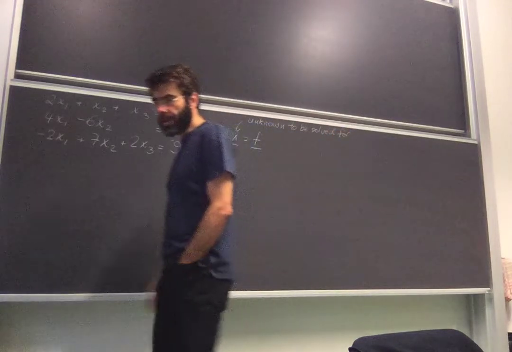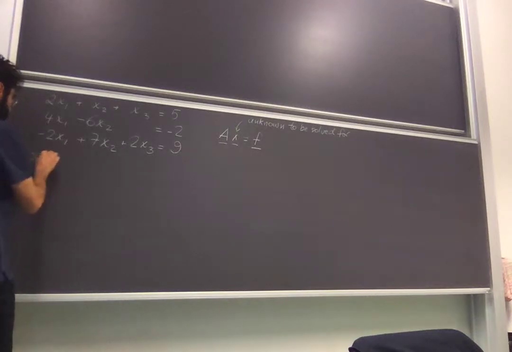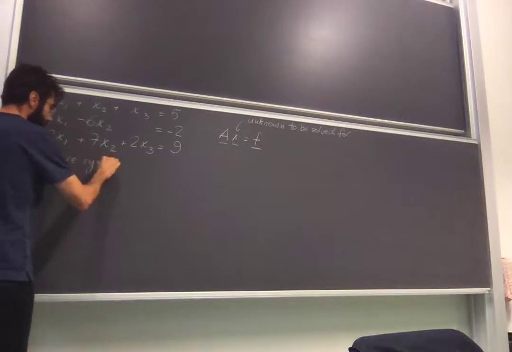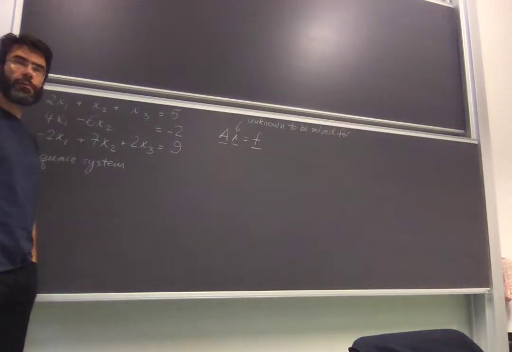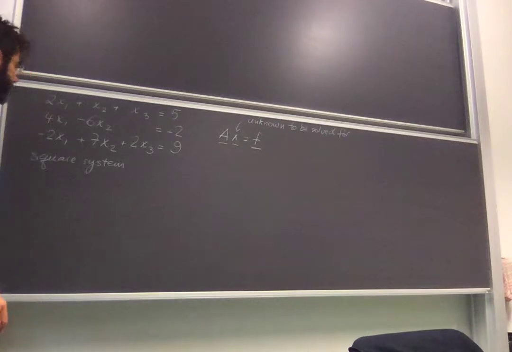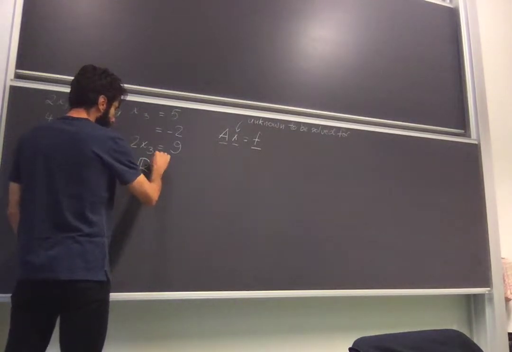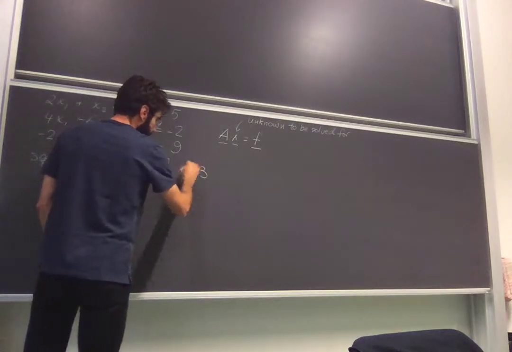Notice that this is a square system. This is what we call a square system, meaning that the matrix is square in the sense that the number of its rows equals the number of its columns. So it's basically R^(n×n), and in this case we have n equals 3.